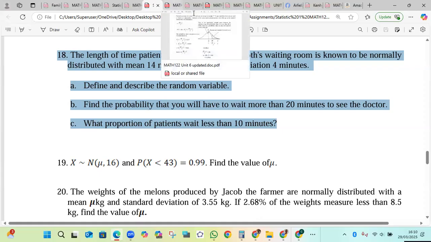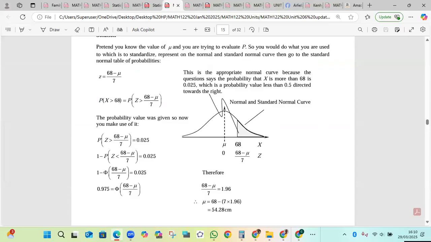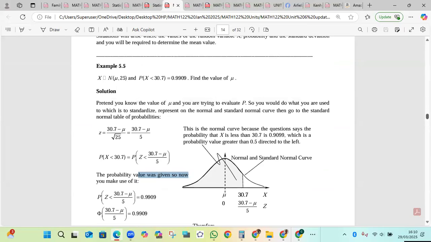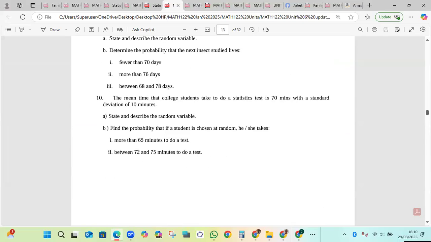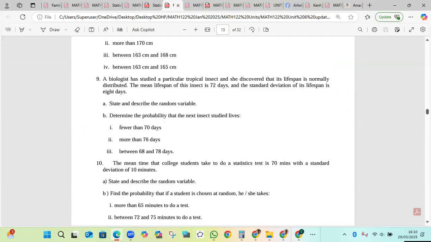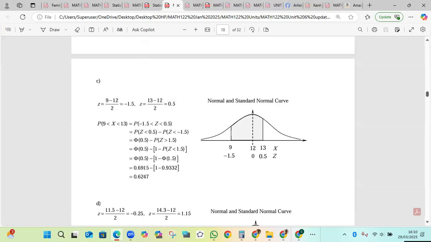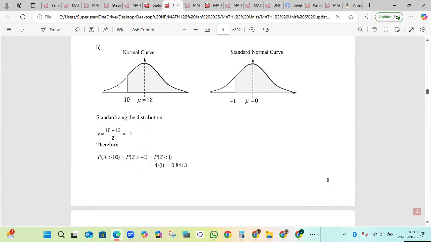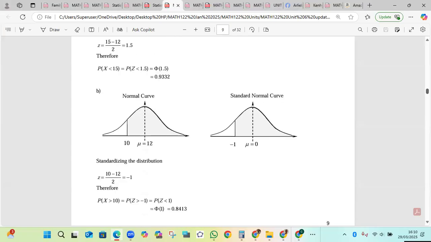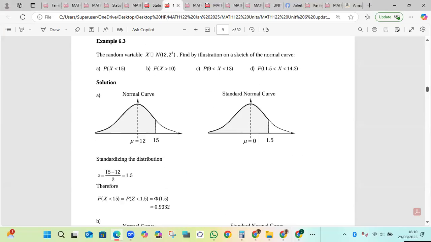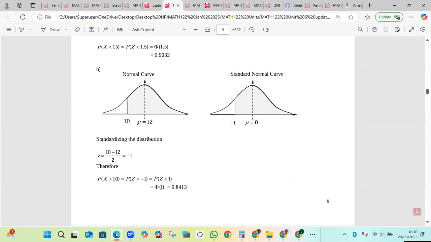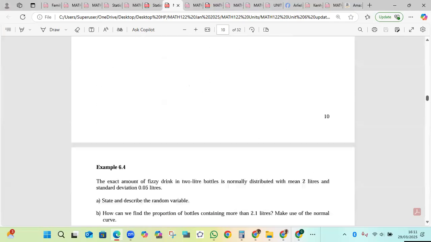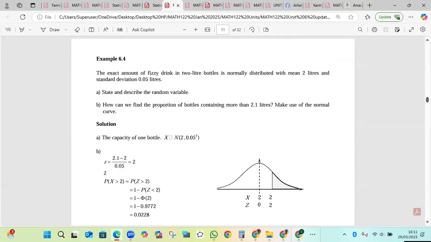And if you look at Unit 6, it will give you a clue as to how to denote your exercises. The random variable using the notation X approximates a normal distribution. You can use this example 6.4.